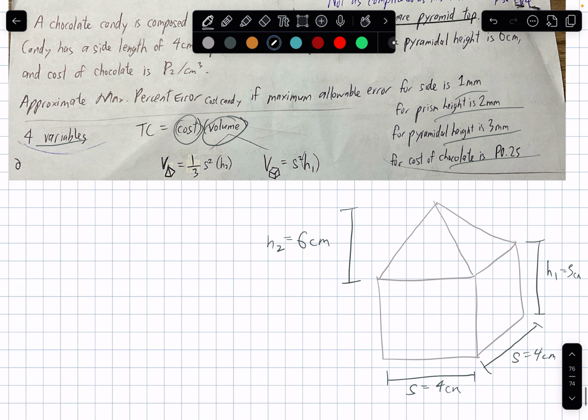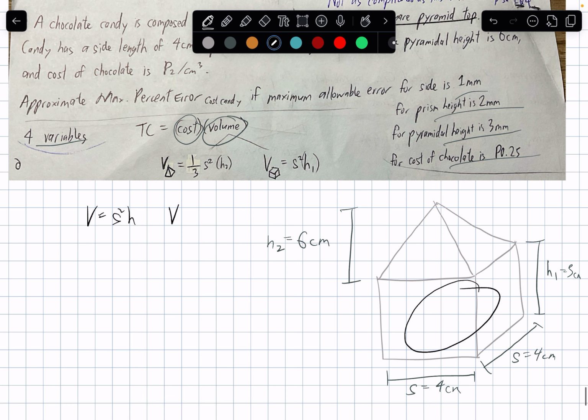So what is the formula for the prism base? So b squared times height, right? Similar from a while ago, from the first practice question. Only base is abbreviated as S, side. Same thing, essentially.